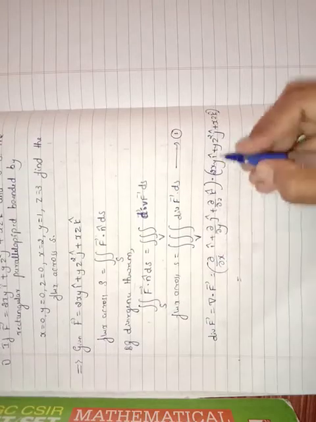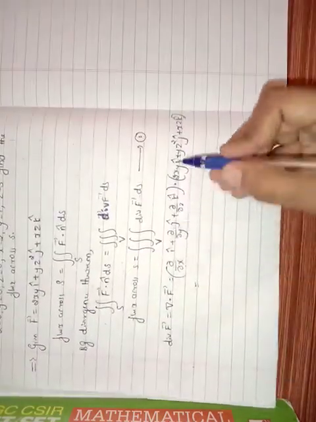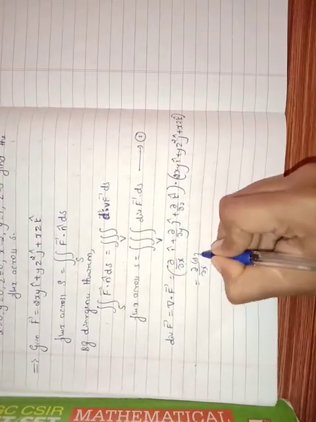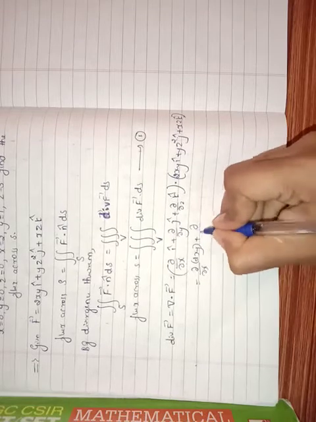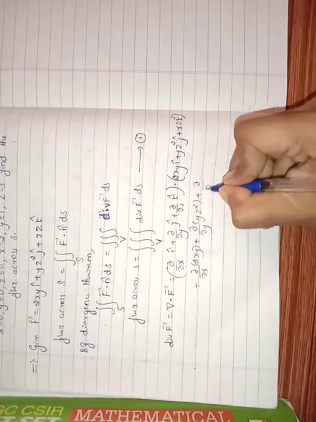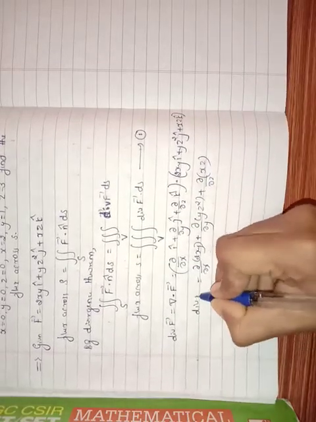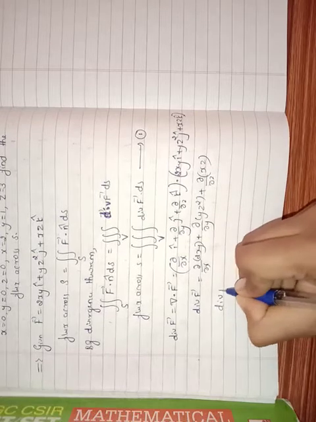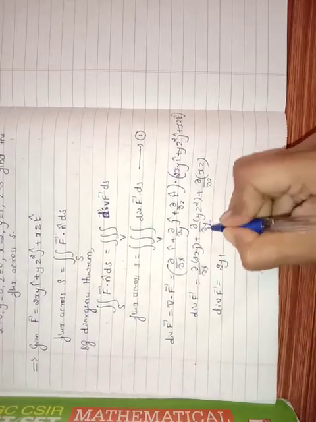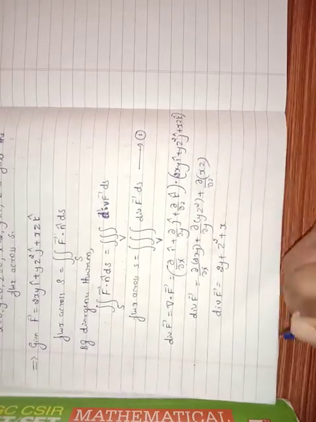In between these two there is a dot product. So the dot product between these two gives dou by dou x of 2xy plus dou by dou y of yz square plus dou by dou z of xz. So this is our divergence of F. So divergence of F implies dou by dou x of 2xy is 2y, dou by dou y of yz square is z square, dou by dou z of xz means x.